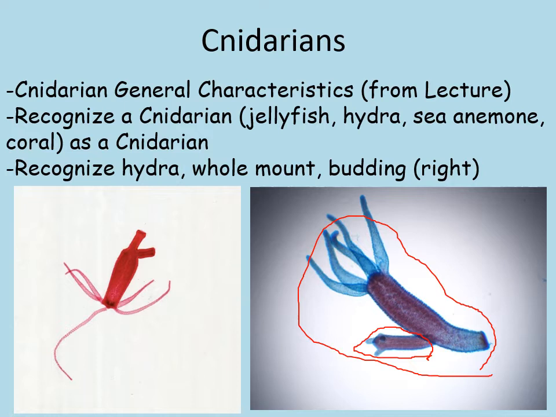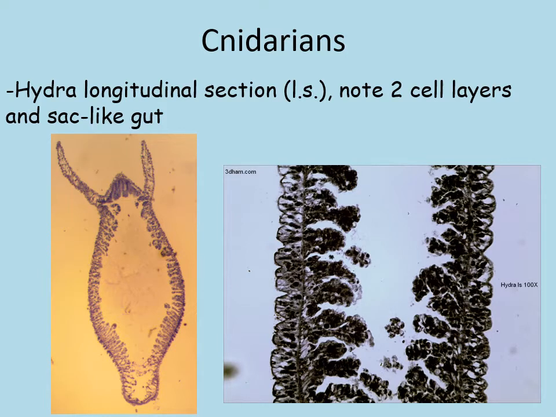So this would eventually break off and then go and grow into a full-sized hydra. So these are called whole mounts, where you basically just take the whole organism and put it on a slide. So just be able to recognize that this is hydra and also this process of budding, if you saw this on the exam.